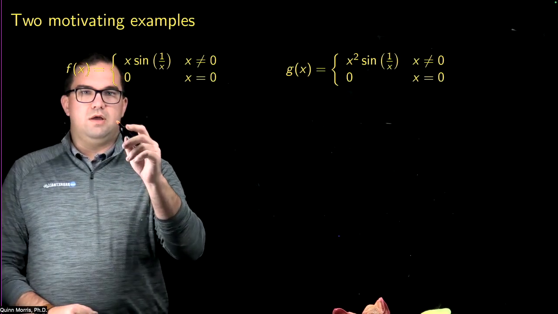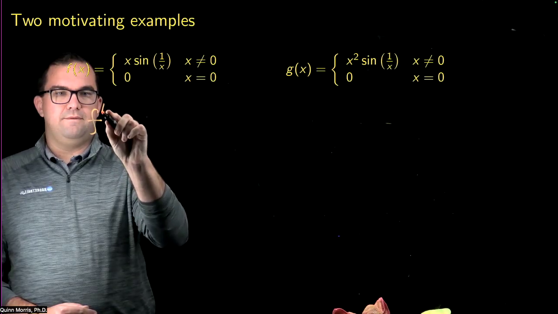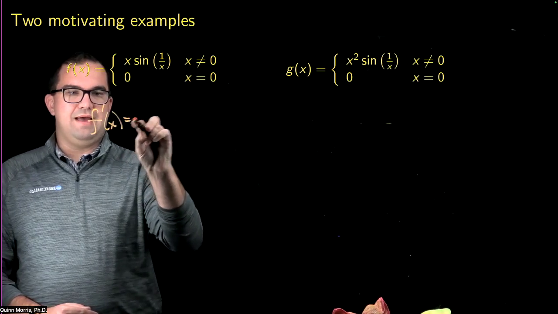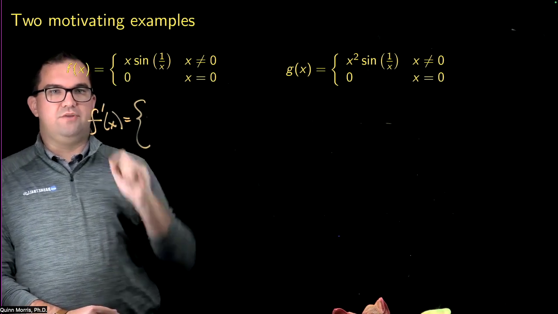So in that case, if I want to differentiate this anywhere else, I can just use my normal derivative rules. So if I wanted to express what is the derivative of f at x, I could just use product and chain rule here.